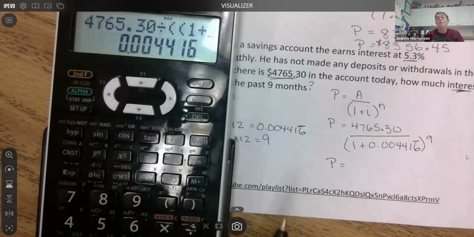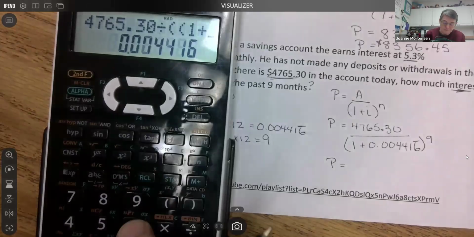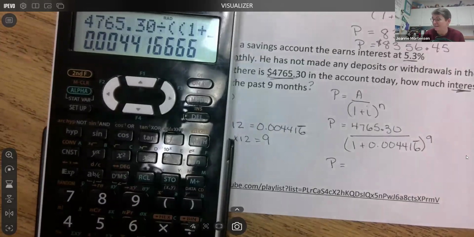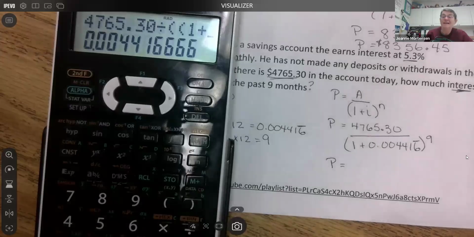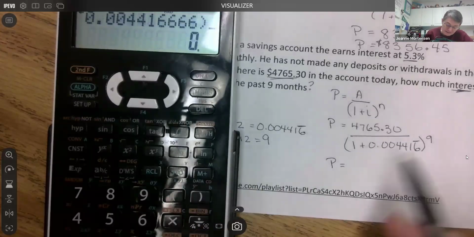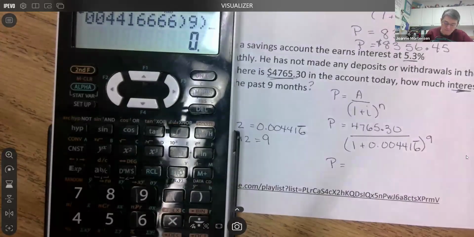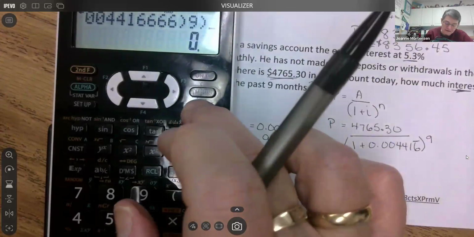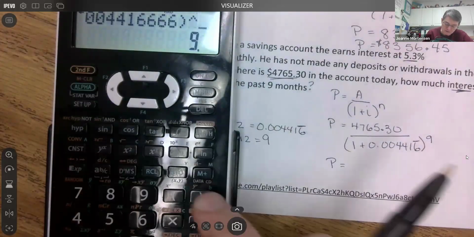Originally, when this is on the calculator, there's a whole bunch more 6s, so I'm just going to go until I can't fit any more 6s on my calculator. It's just cheating. But I don't think it's going to make any difference with the question we're doing. And then we need that to the 9th power. We need to close that with another bracket. I need an exponent. 9. There we go. Close my bracket.